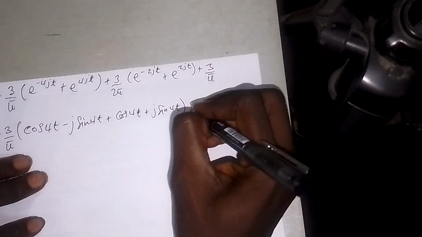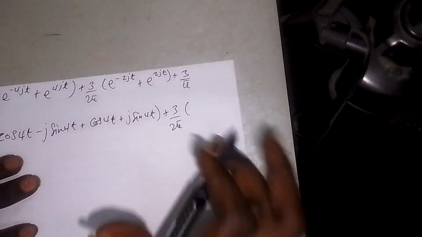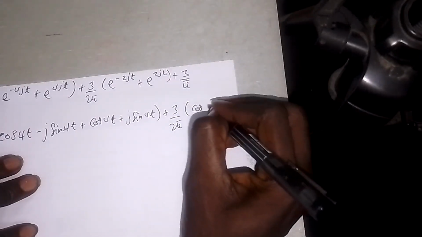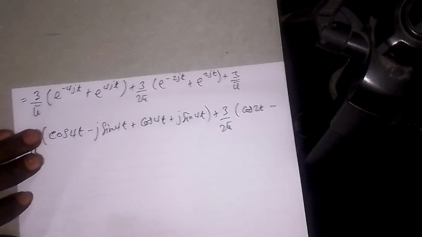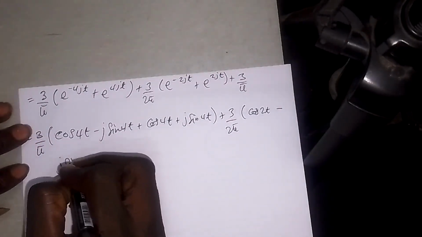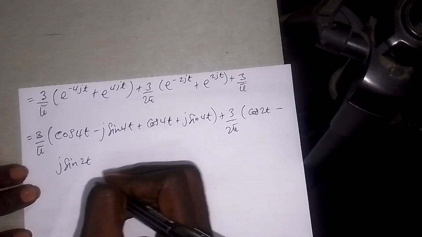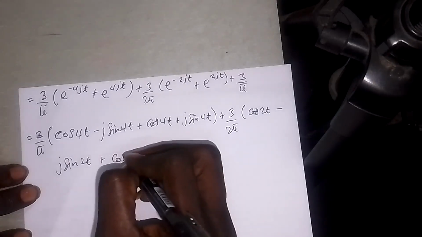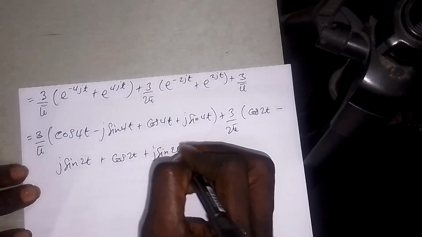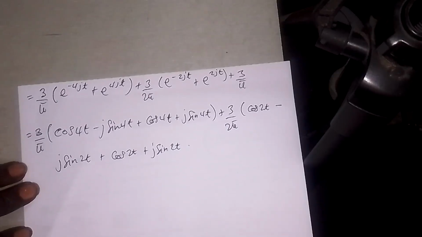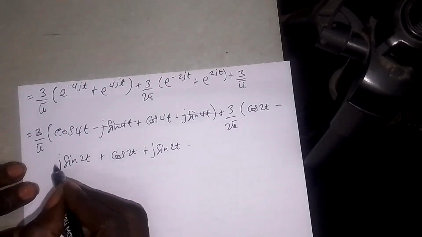Now here, plus 3 on 2 pi into cos 2t minus j sine 2t, and then plus cos 2t plus j sine 2t. Here this will cancel this, and this one is minus, so it will also cancel this one.